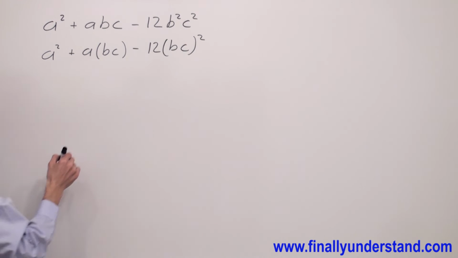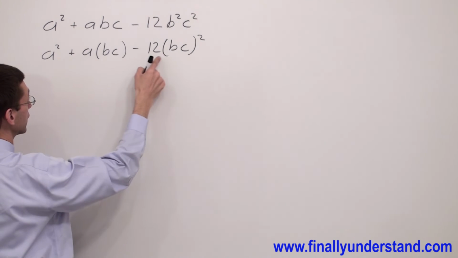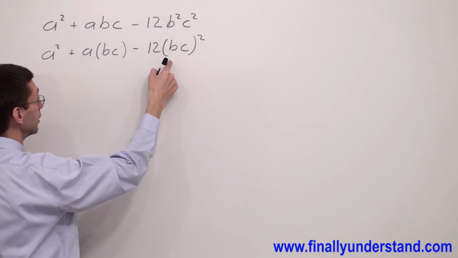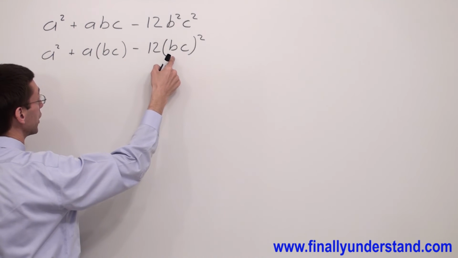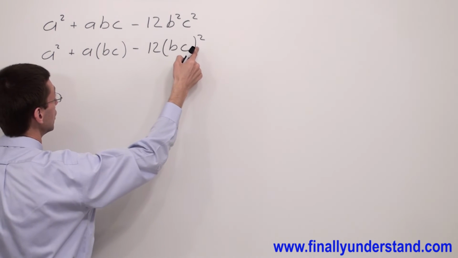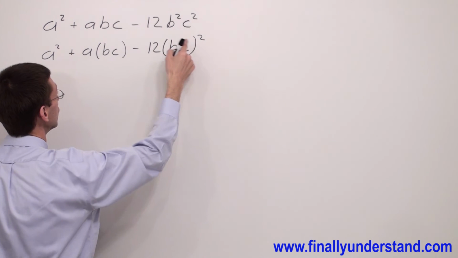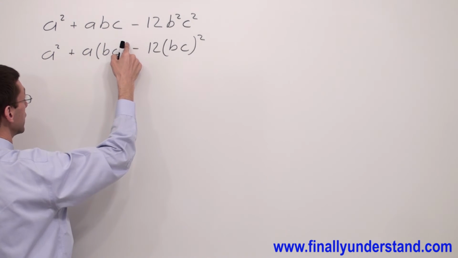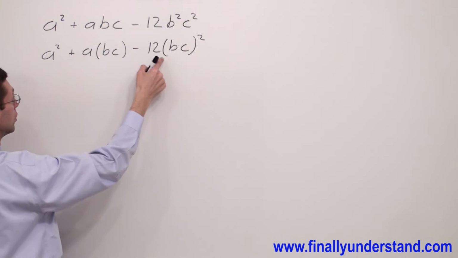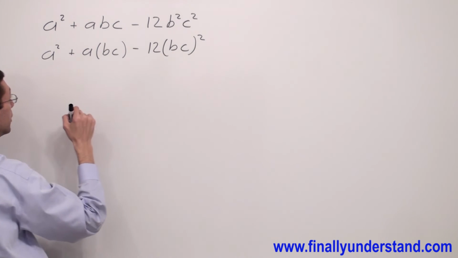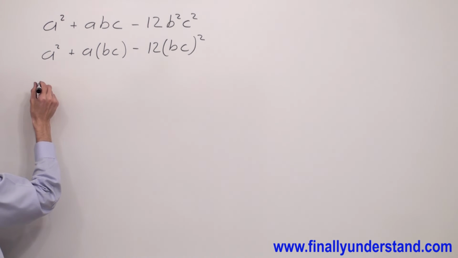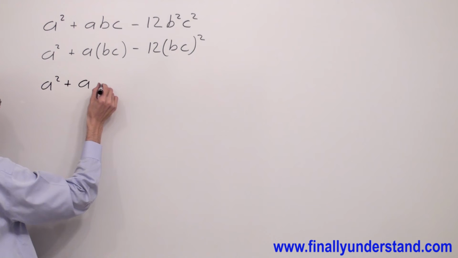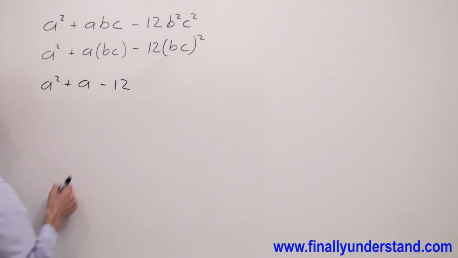Remember the rule. Anytime I have a variable or expression in the second term and third term, and the expression in the third term is raised to the power which is twice of the power in the second term, I can ignore these two terms for a moment and simply write a squared plus a minus 12.